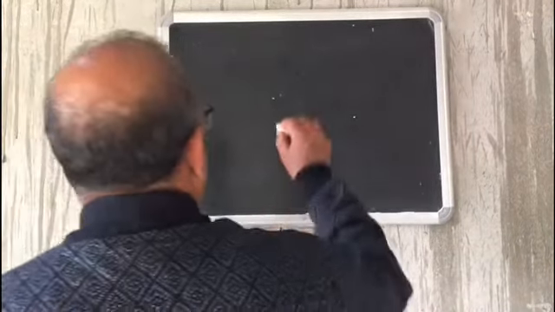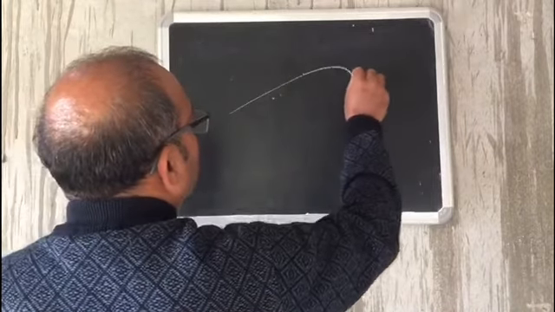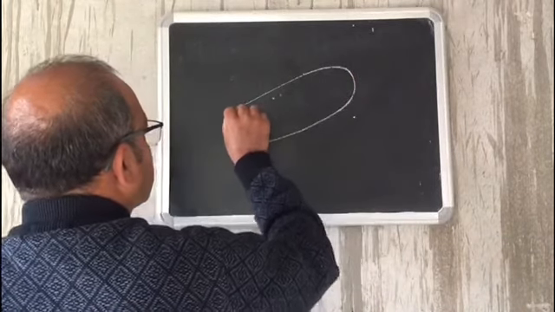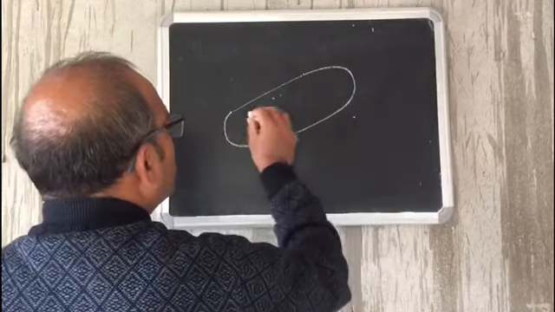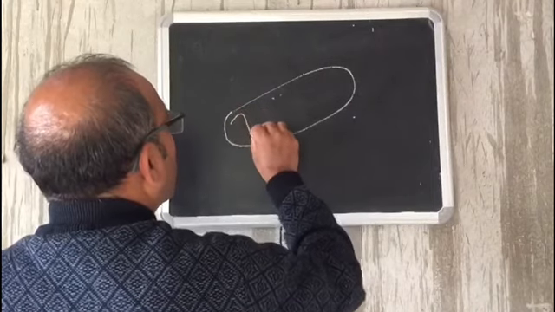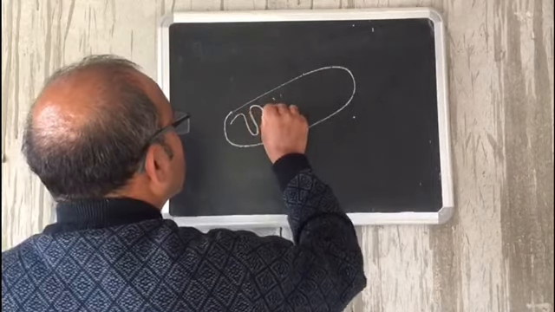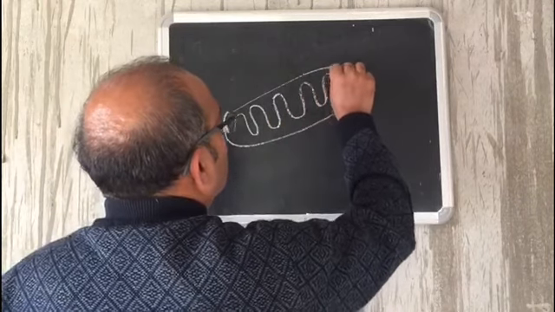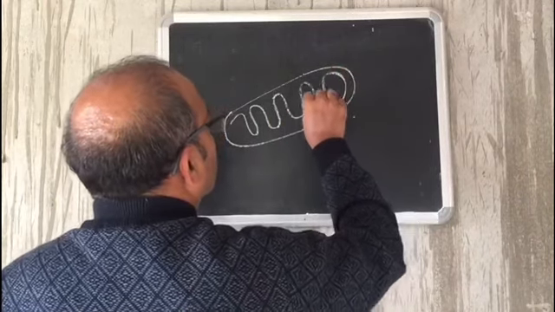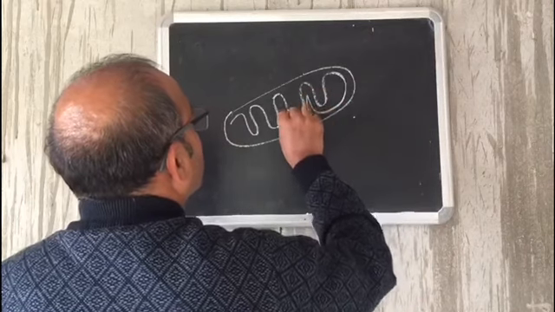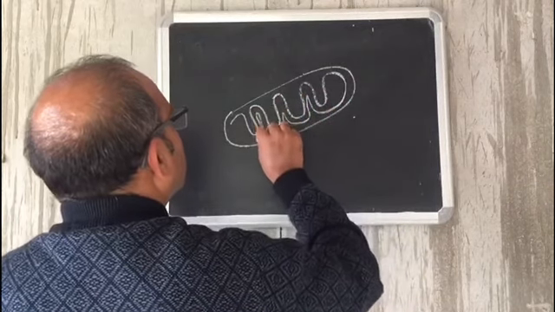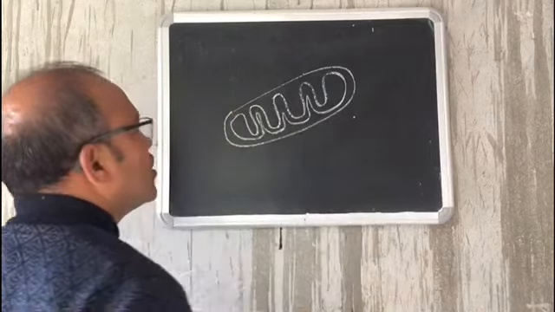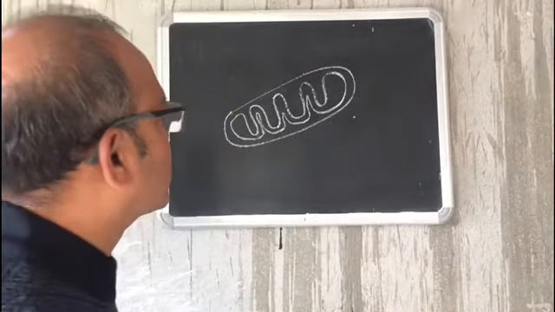So basically, a mitochondria is a double membrane brown rod-shaped structure like this. The outer membrane is smooth, whereas the inner membrane is thrown out into folds like this. These folds are called the cristae. This partially divides the inner chamber, the inner matrix.